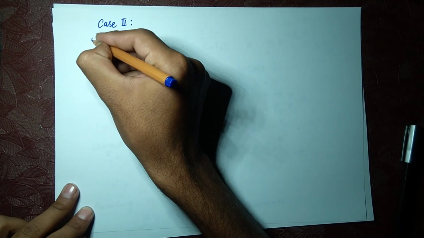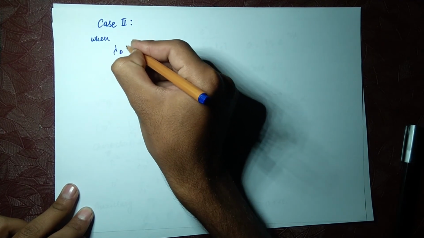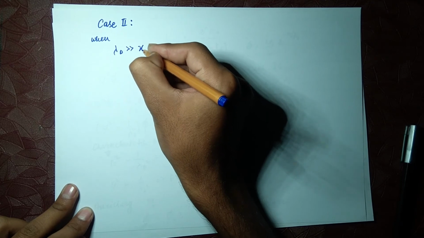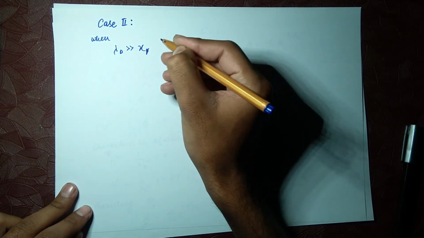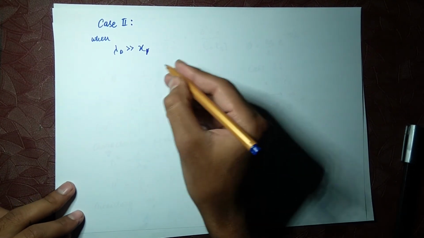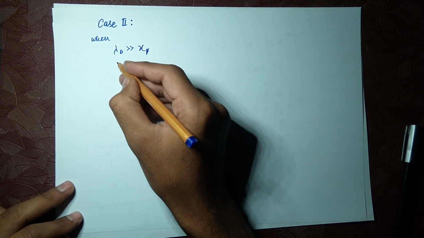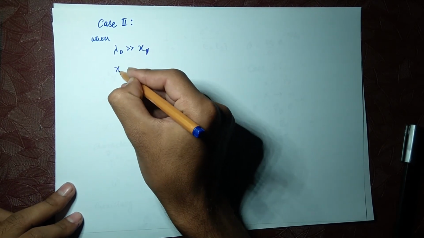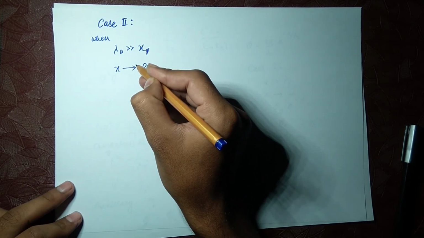now for case number 2, when lambda d is much greater than x, it was simply x, not xt. So this time x will approach 0. X is so small that we assume it approaches 0.